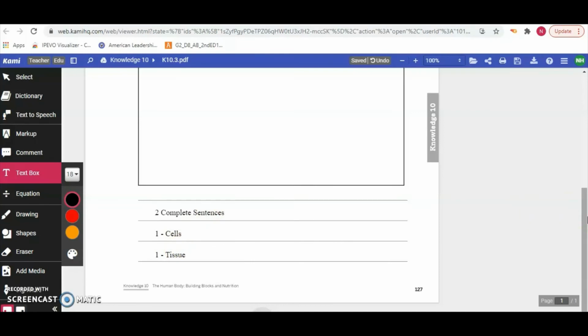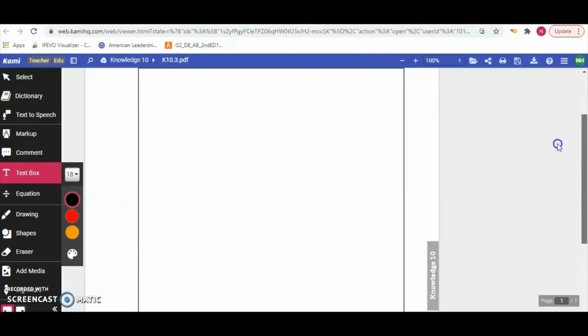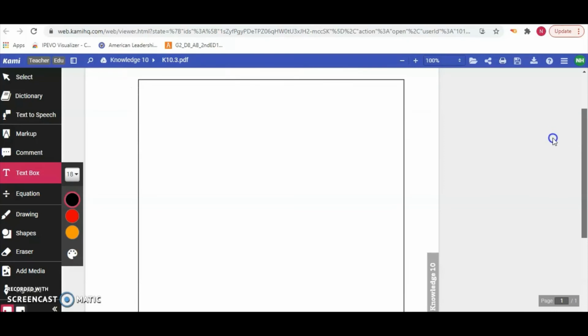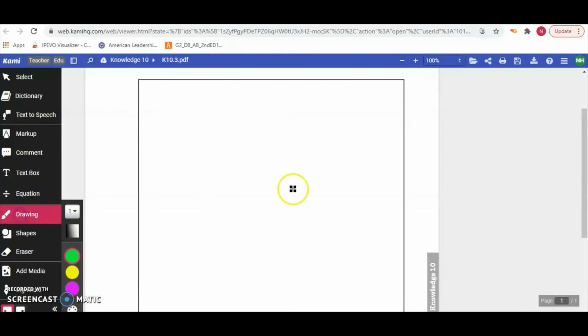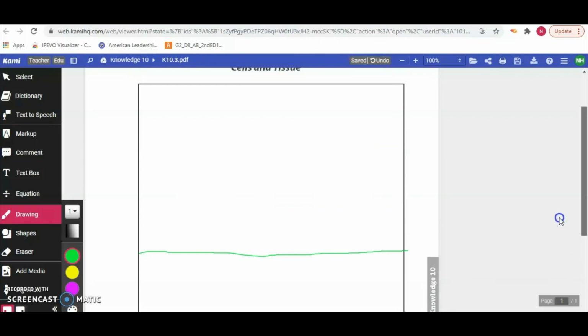When you are done with your sentences, your next part, our box on this one is very, very big. I want you to split that box in half. You can split it in half going this way or going this way. I think I'm going to split mine going this way. And, ooh, that wasn't half, huh?